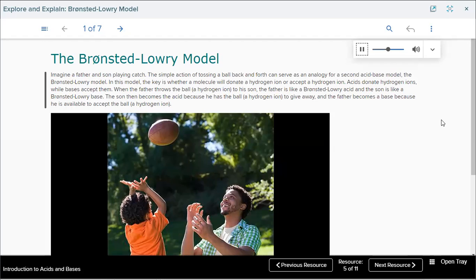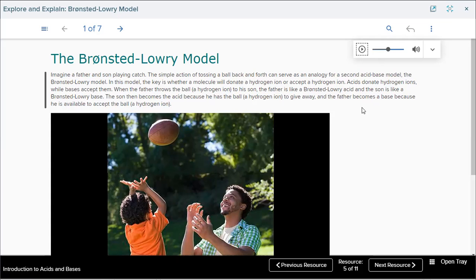In this model, the key is whether a molecule will donate a hydrogen ion or accept a hydrogen ion. Acids donate hydrogen ions, while bases accept them. When the father throws the ball, a hydrogen ion, to his son, the father is like a Bronsted-Lowry acid and the son is like a Bronsted-Lowry base.